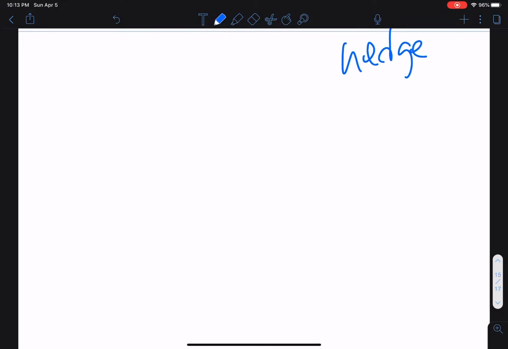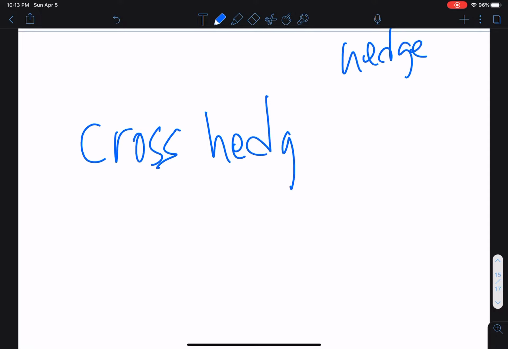If not, you have to do something called cross hedging. Cross hedging means you're using a futures contract to hedge the price risk associated with a different spot asset than the spot asset that underlies the futures contract.